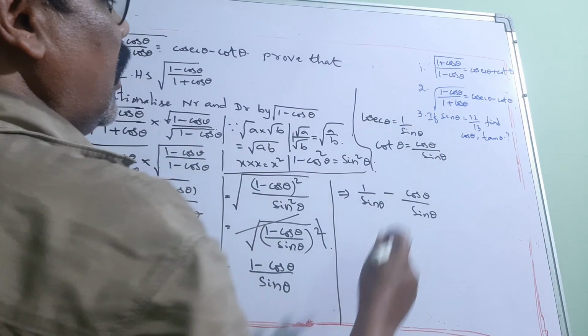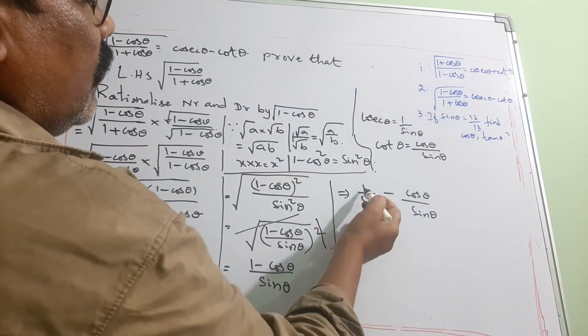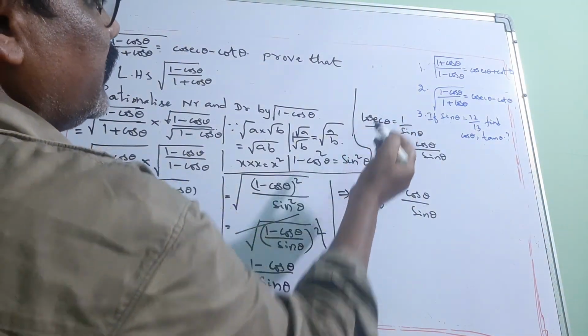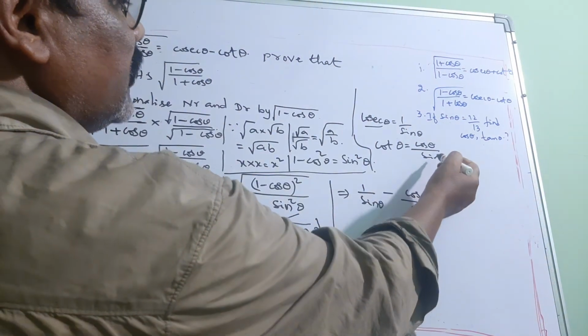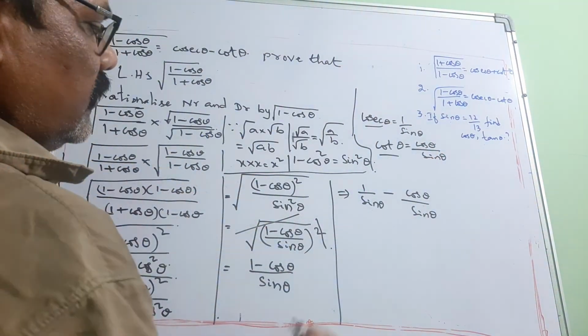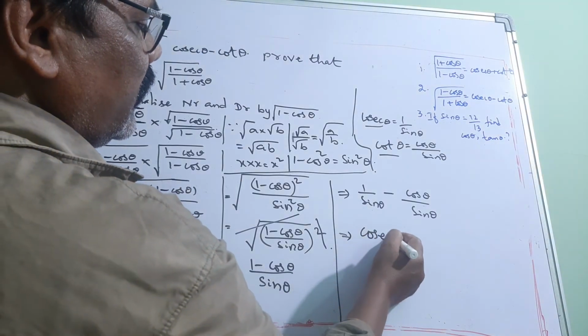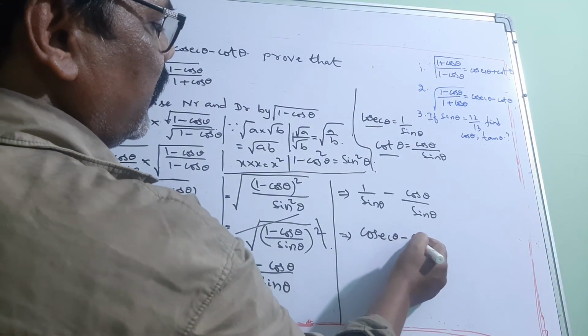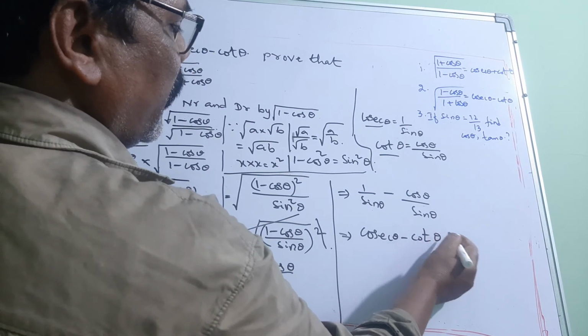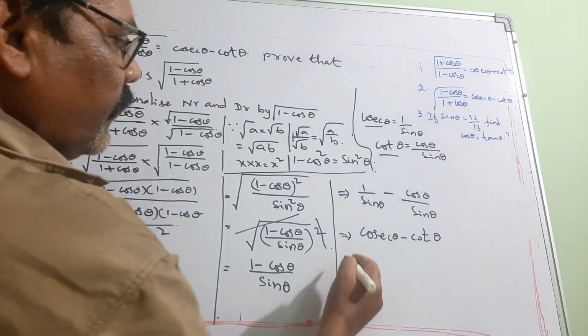We apply that in their place: 1 by sine theta is cosecant theta, and cos theta by sine theta is cot theta. So we write cosecant theta minus cot theta.